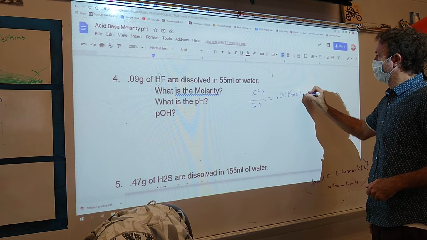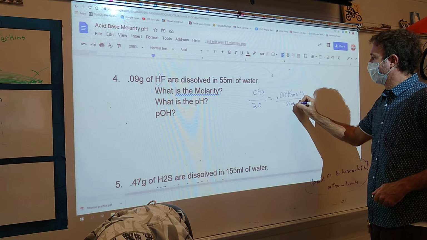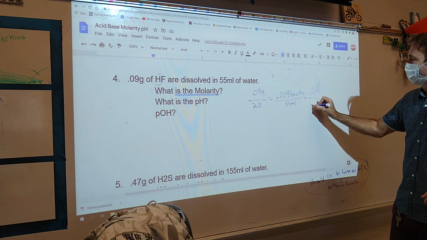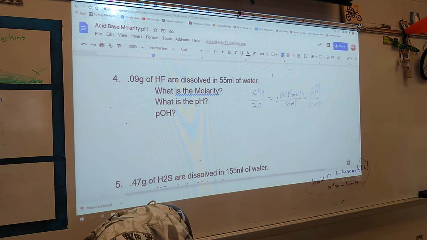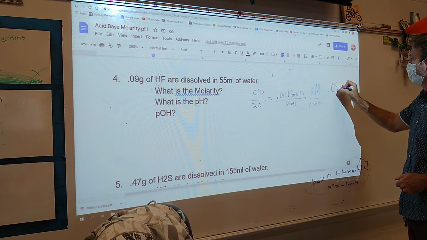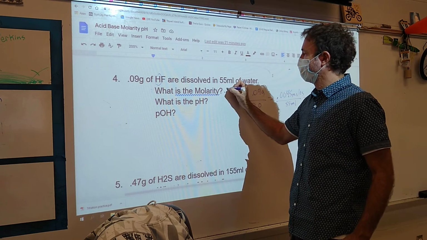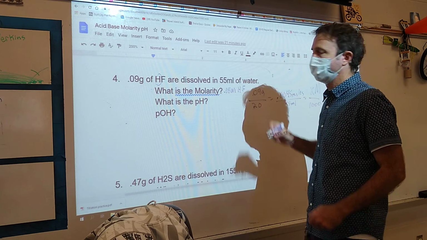And it's dissolved in only 55 milliliters of water. So that will be like how many moles per liter? So we've got to cross multiply, times 1,000 divided by 55, and I get 0.08 molar. So the molarity is 0.08 molar HF.